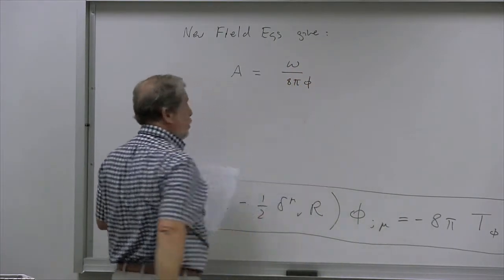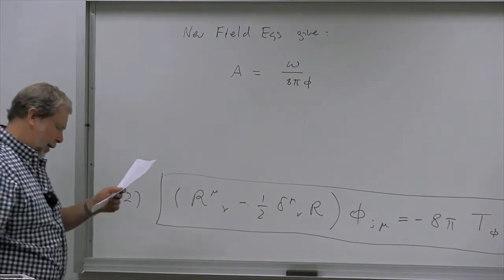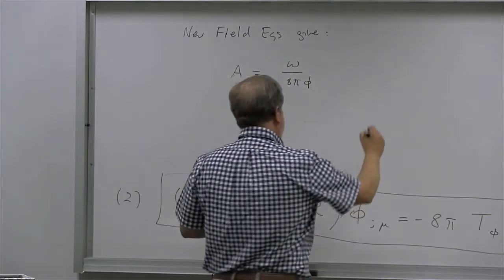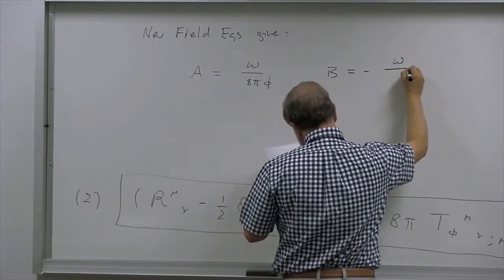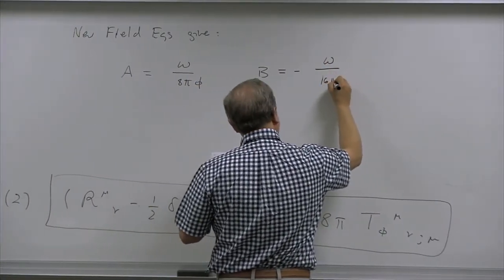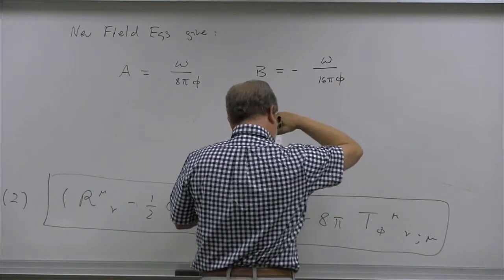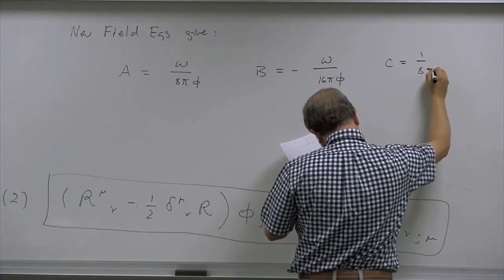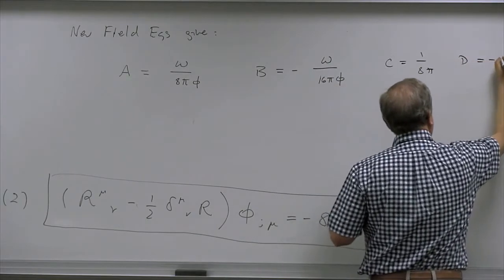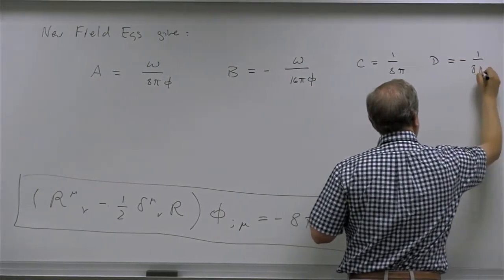There's a little bit of algebra involved in doing this, plugging these expressions in. And B is equal to minus omega divided by 16 pi phi. C is equal to 1 over 8 pi. And D is equal to minus 1 over 8 pi.